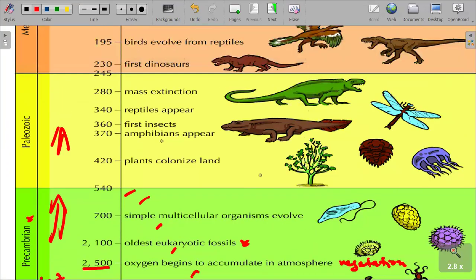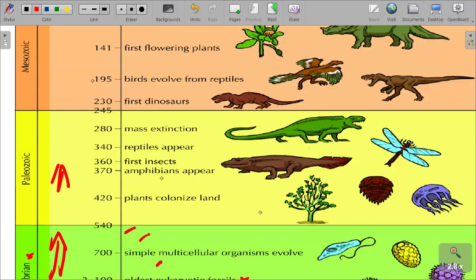And then we also talk about the Paleozoic, where we can see the various organisms and the most important events that took place. What we are supposed to understand is that plants colonized the land, as we can see, there is vegetation there.